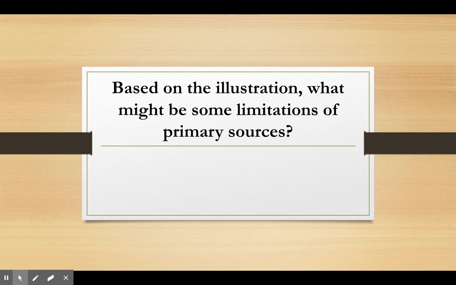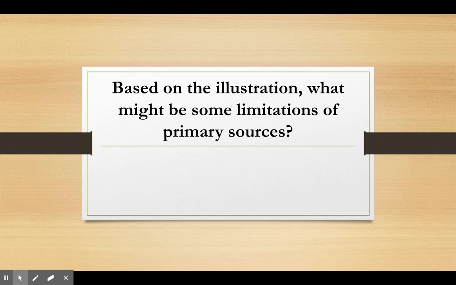Well, document 1 is a primary source, so it's very reliable when talking about blah, blah, blah. It might not be. So take a minute, read through that cartoon, and then answer that question. Based on the illustration, what might be some limitations of primary sources? So stop this video right now, examine the cartoon, and answer that question. I'll be back.